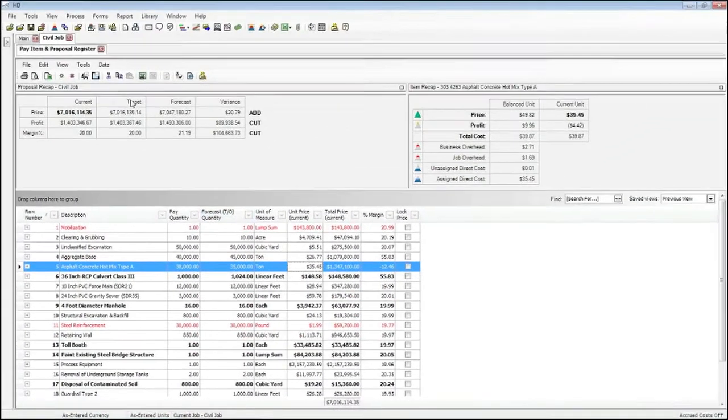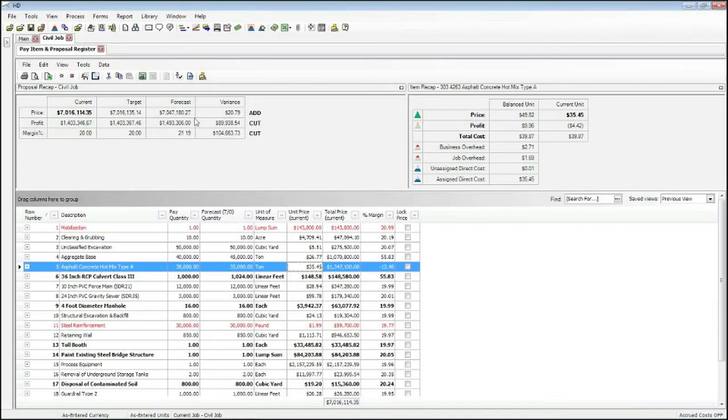We also see this on the proposal recap, where we see my current and my target is within $20. We just have a $20 variance. If we go down to profit, we can see that the current profit is $1,403,000.